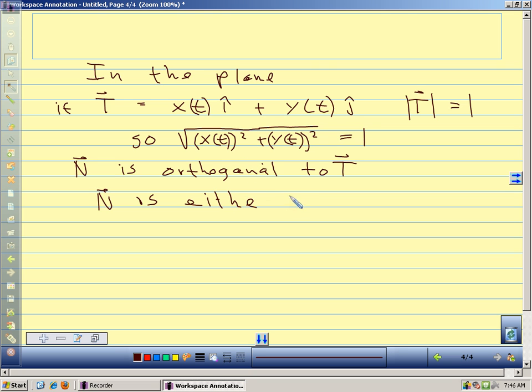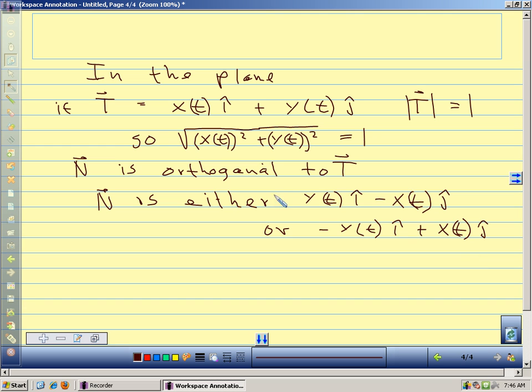So N is either y of t i minus x of t j, or minus y of t i plus x of t j. If we think of the components, y over x being the slope, in order to get the negative reciprocal, we just switch the y and the x and change the sign.